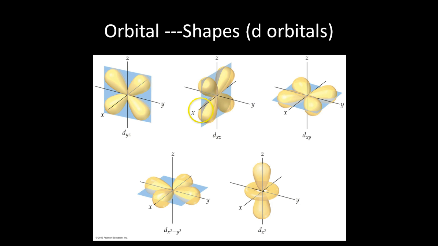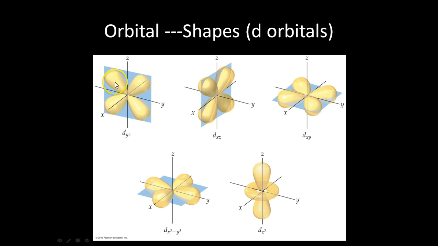Now we start moving to the d subshells. The d subshells get even more crazy in shape, where they kind of look like the p ones, but they have 4 balloons tied together. Imagine 4 balloons tied together, and you've got these lobes out here where the electrons reside.